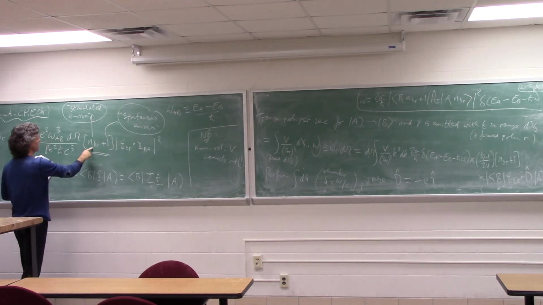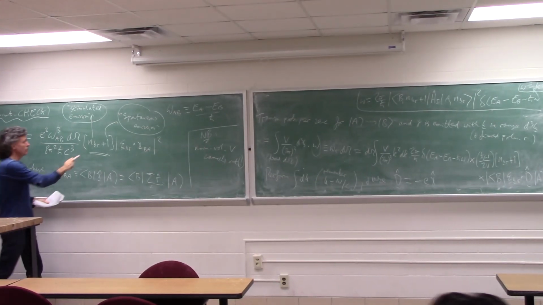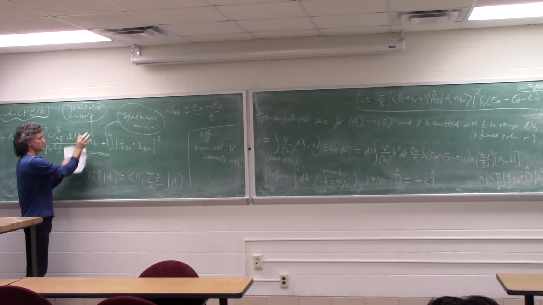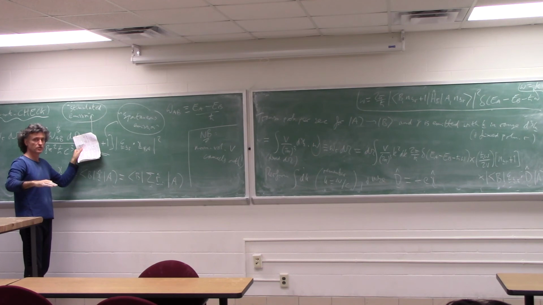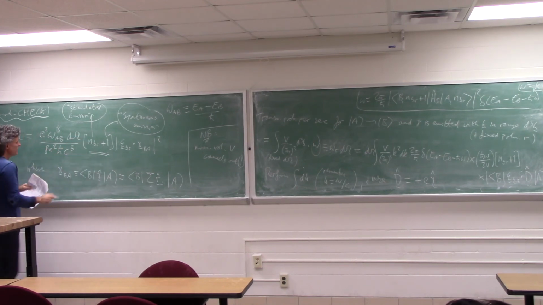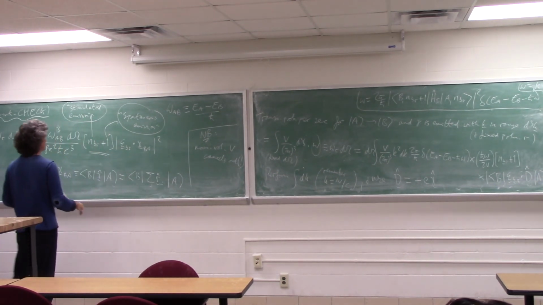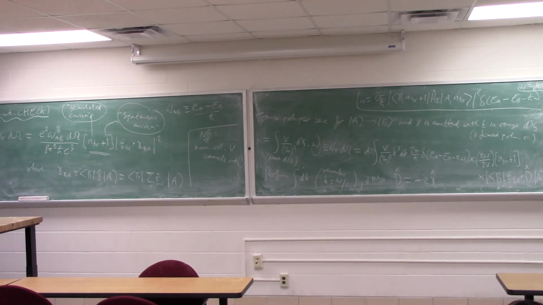This term here is telling you that even if there were no photons, remember this is the number of photons present initially, if there were no photons present initially, so I have an excited state of the atom in the vacuum, there's still a probability for it to make a transition to a lower state and emit one photon. So it can emit spontaneously. If instead there are already n photons present in that mode, then the probability for emitting into that mode is increased.